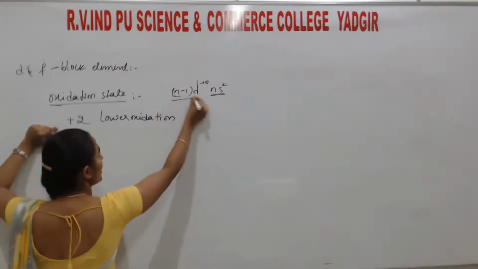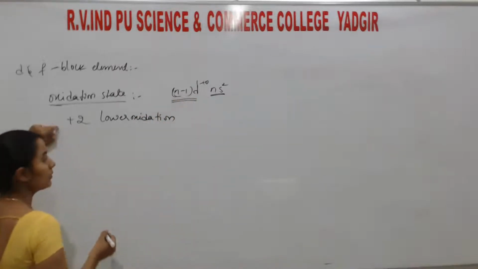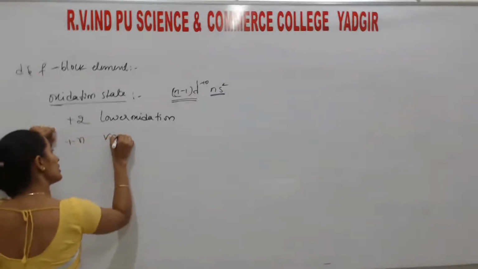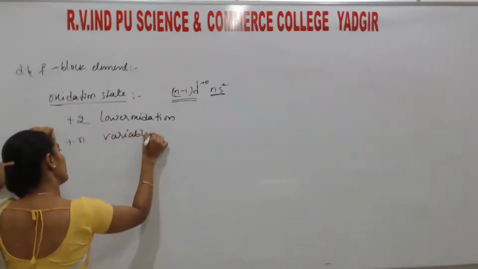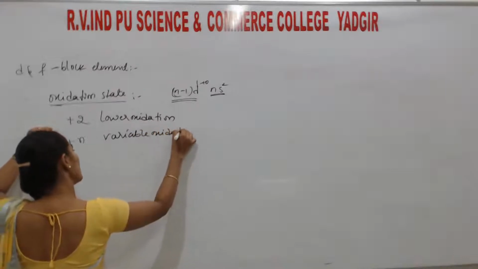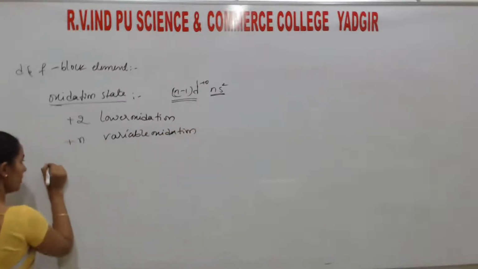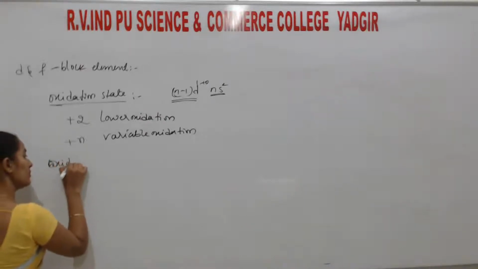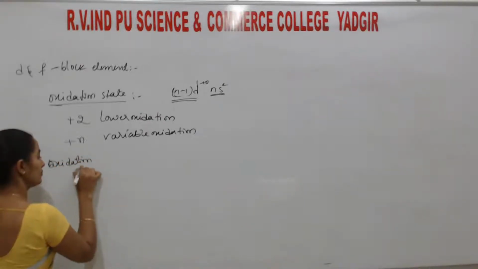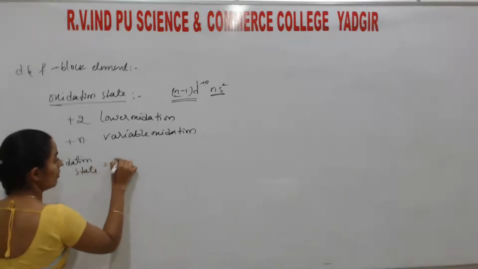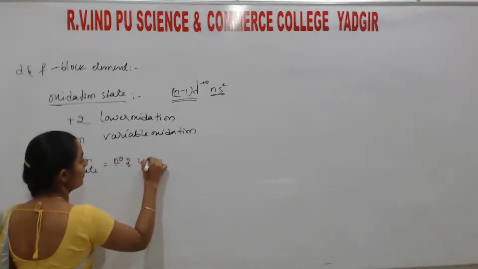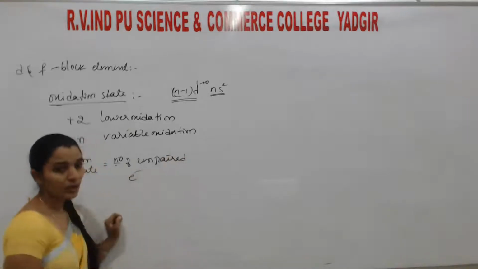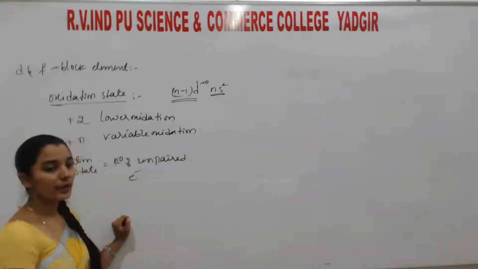And at the same time, the (n-1)d subshell means they exhibit variable oxidation states, that is higher oxidation states. Now remember, the oxidation state may be equal to the number of unpaired electrons.